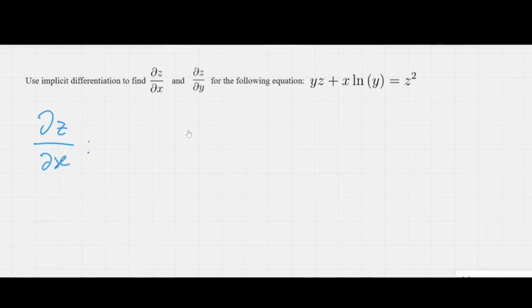All right, so again, y is going to be a constant throughout, and so we'll start off over here. What we have is yz, and again, z is a non-constant term. However, at the same time, it is not x, and so we have to multiply this by del z over del x.